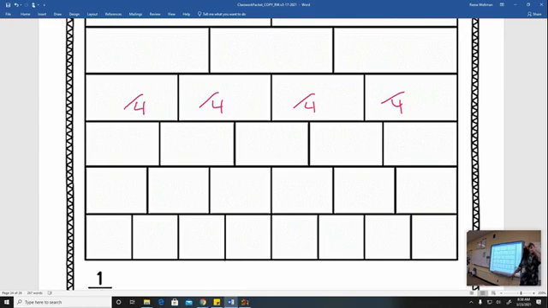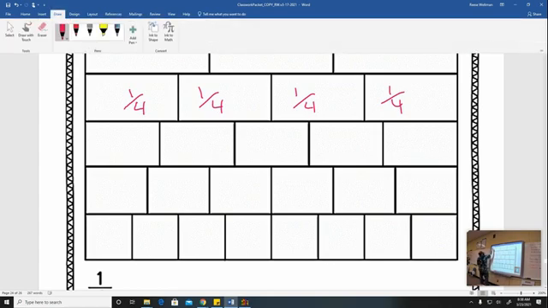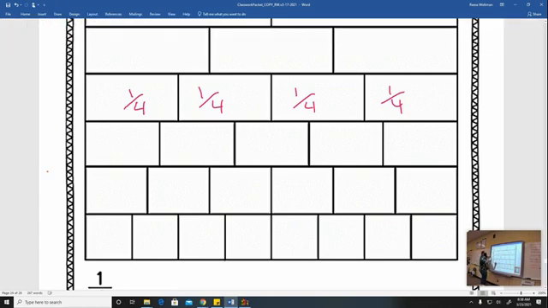What is it, guys? 1. That's right. So each one of these is what now? 1/4. 1/4. So, because you're looking for something equivalent to a fourth and something equivalent to 2/4, so what does it say at the top? It says 1/4 and 3/4. Excuse me. 1/4 and 3/4.